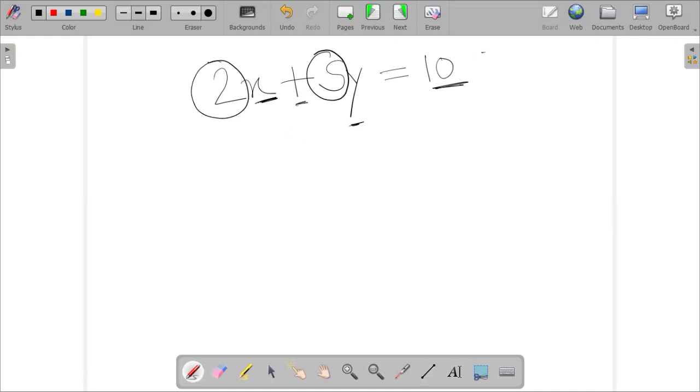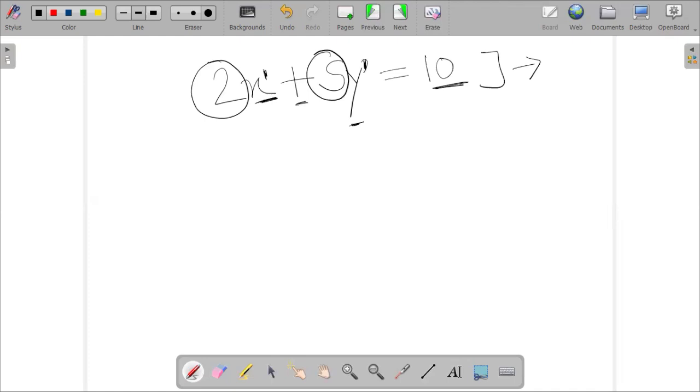But this whole equation is called a linear equation in two variables. Linear means the power should be 1 here only. It should be 1 here.